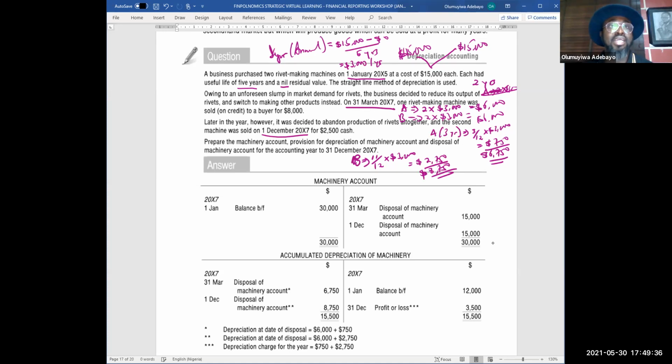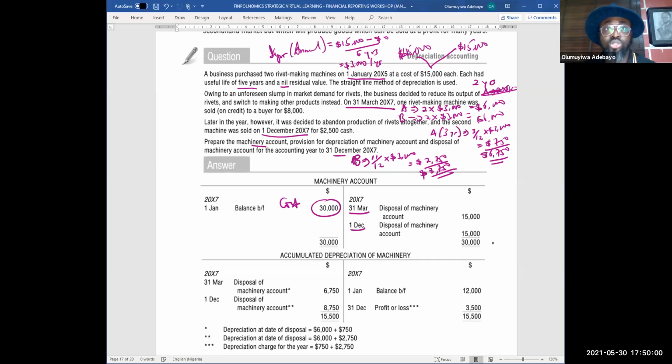Now, the machinery account, we are supposed to show it as at this date. The balance, which is the cost, was 30,000, if you remember, 15 and 15. And all through the year up to these dates, the asset was at the cost of 30,000.